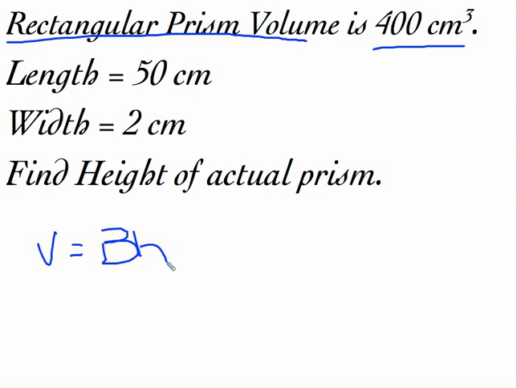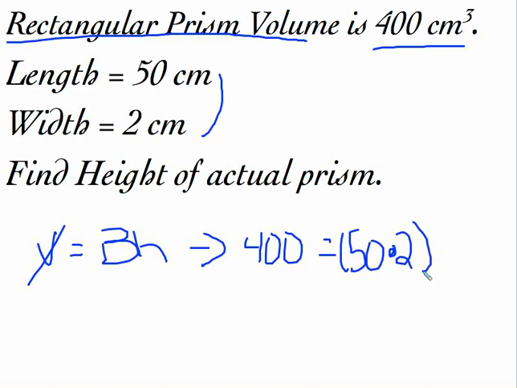Again, volume equals base area times height. I know the dimensions of the base are 50 and 2. So I'm going to plug in everything that I know to create a formula. I'm going to replace volume with 400, equals, and I'm going to replace base area with the calculation I would use to figure out the base area, which is 50 times 2.